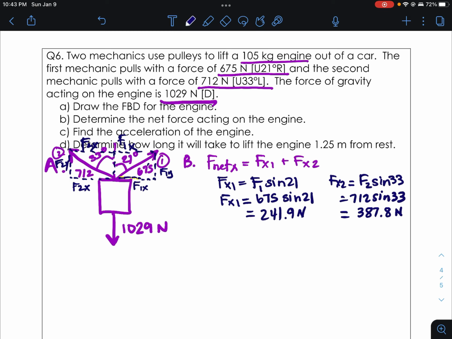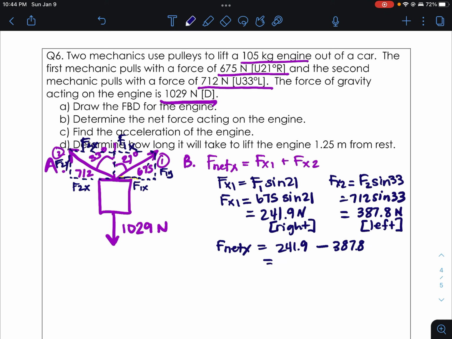This one would be to the right, and this one would be to the left. So F net x, the one to the right is 241.9, and the one to the left gets a negative sign because left is negative, minus 387.8.